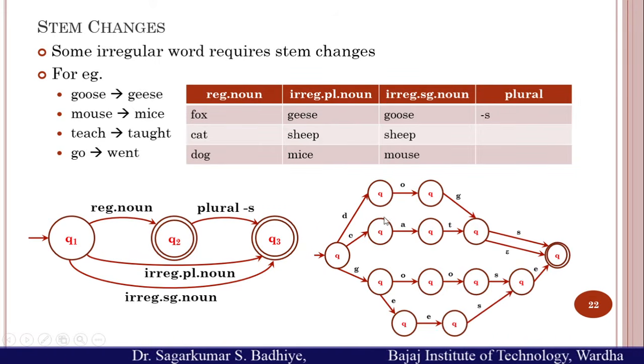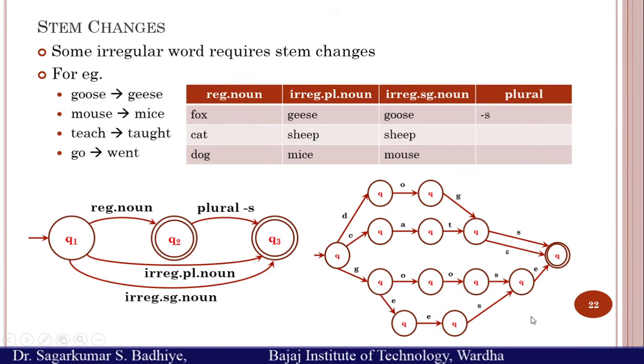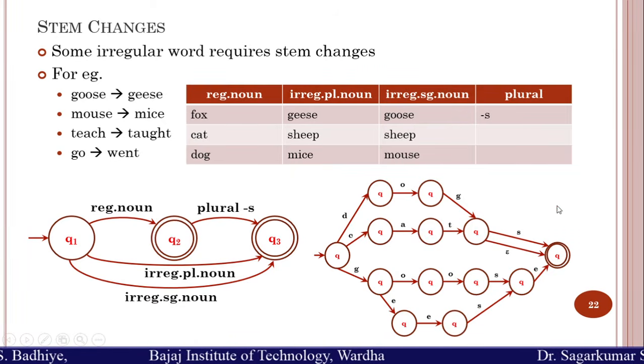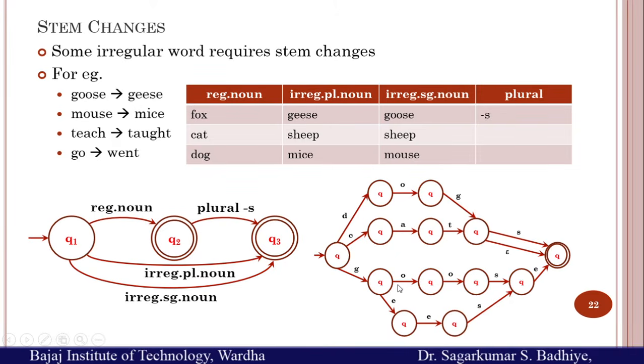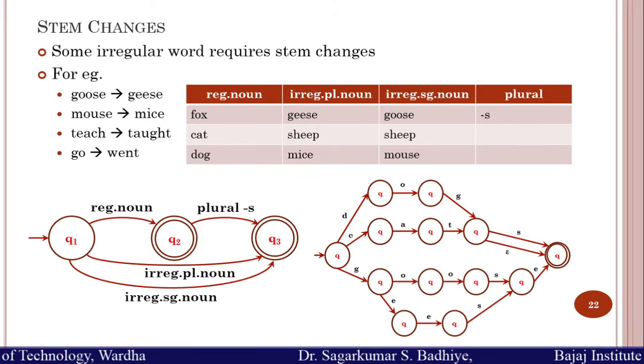So this automata is a simple expansion of the earlier automata that would accept certain words or stems, or irregular words, right? So this is a simple expansion for a few words. In this way you can generate more complex automata for accepting this kind of words.